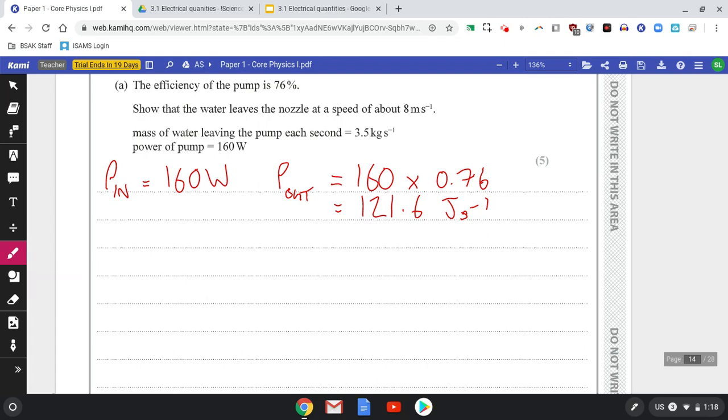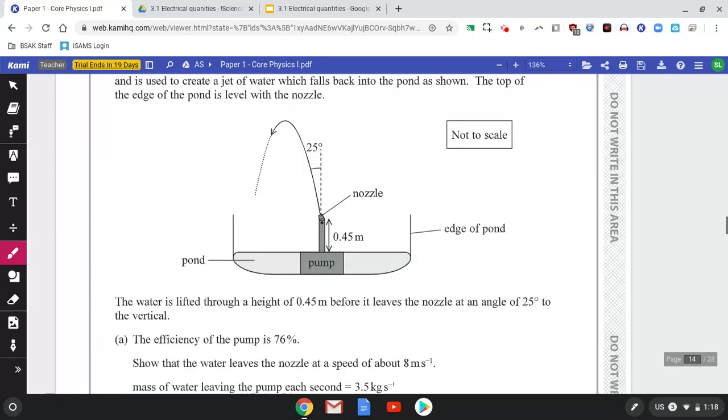Now, there's something that caught me out at first. We've got kinetic energy being given to the water. That's how we're going to find the speed. But it's also been given a little bit of GPE as well, hasn't it? Because the water has to be pumped up through this height before it's ejected at 8 meters per second.